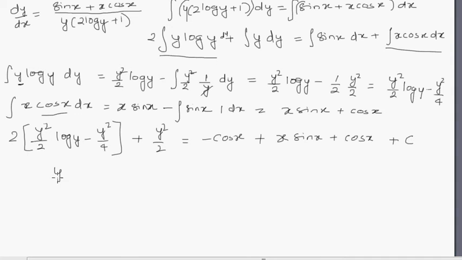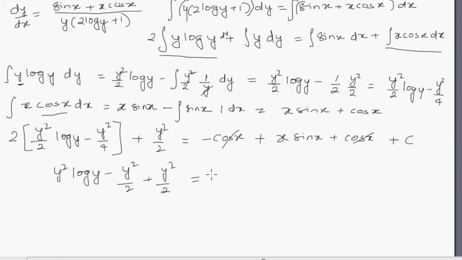So what you end up with is y squared log y minus y squared over 2, which is 2 times y squared over 4, plus this y squared over 2. Now here we have negative cosine of x and positive cosine of x. They cancel out.